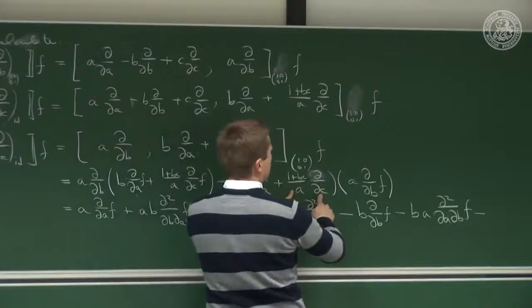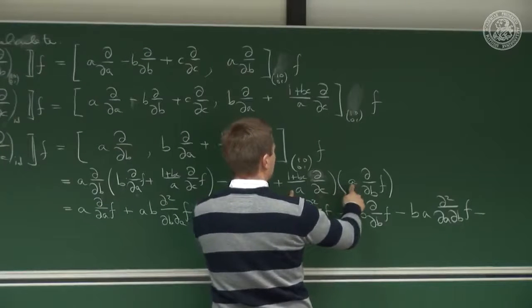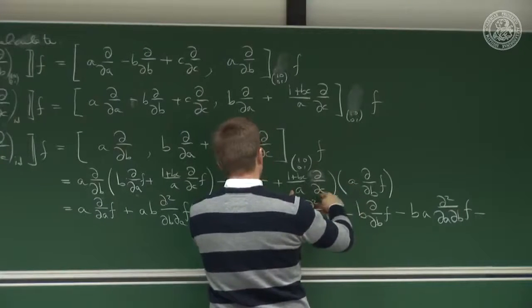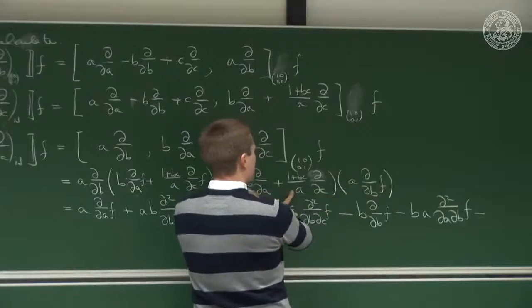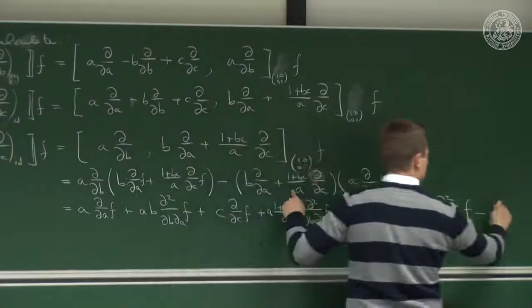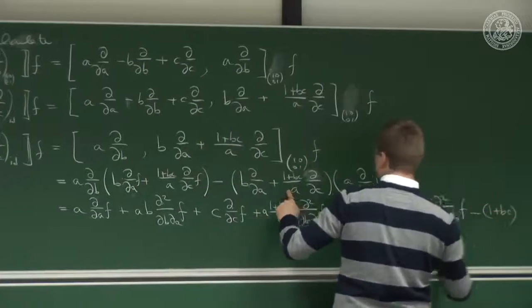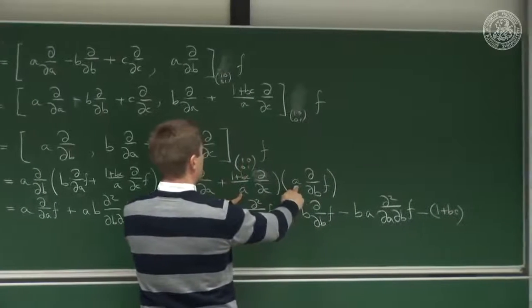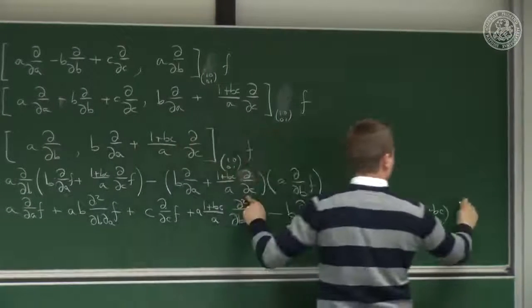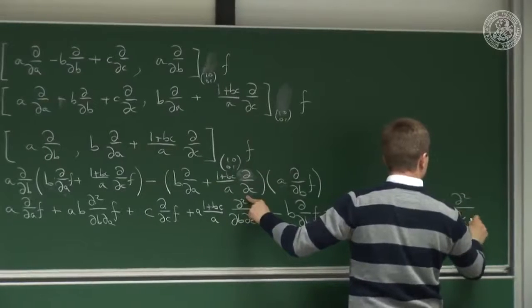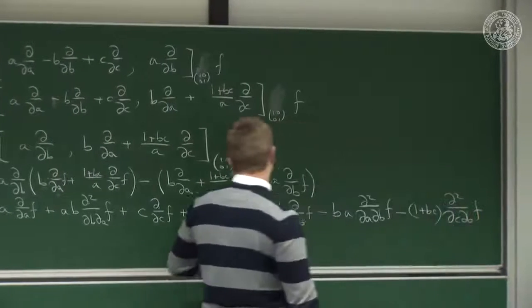Now, you don't need the product rule here because the first factor doesn't contain a c, so you can pull it out immediately. So that's minus 1 plus bc. The a here cancels, and then del 2, del c, del b acting on f.